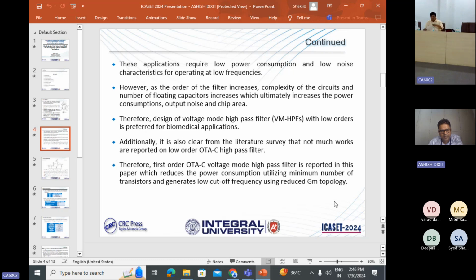Therefore, a first order OTA capacitor based voltage mode high pass filter is reported in this paper, which reduces the power dissipation utilizing a minimum number of transistors and generates a low cutoff frequency using reduced GM topology.